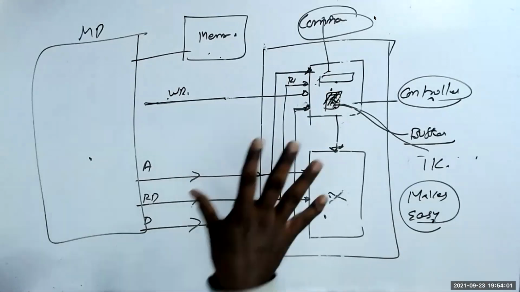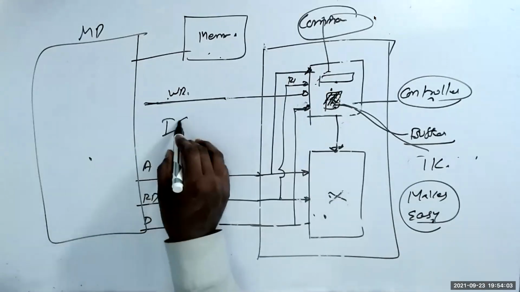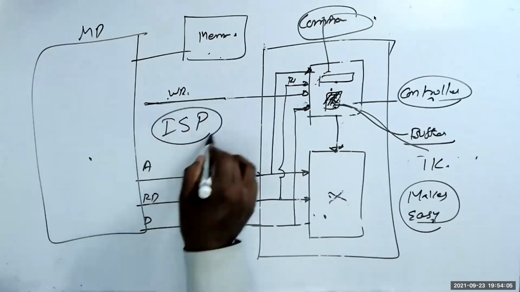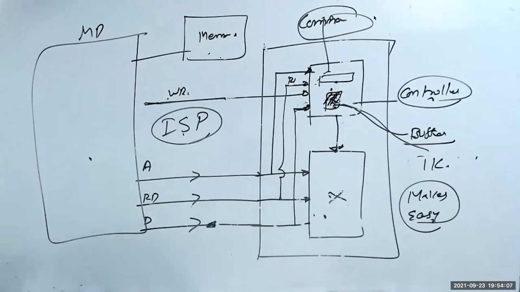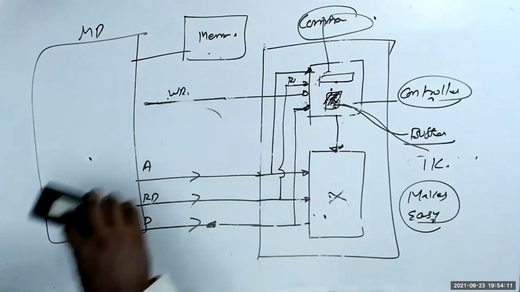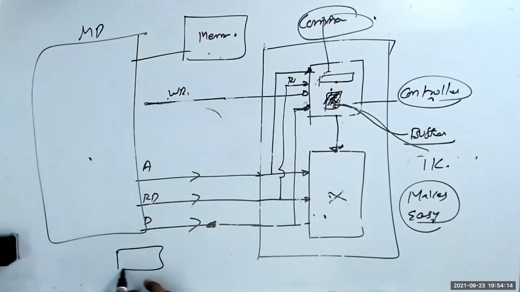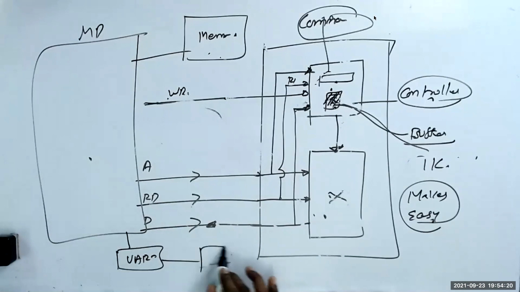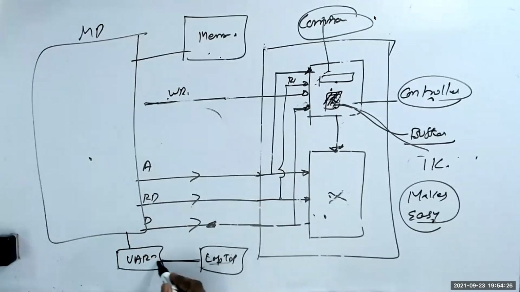This is called in-system programming, ISP, where I do not have to take the chip out. I have already told you that there is a UART. Through the UART, you connect your laptop. From the laptop, if you download, it goes to the UART.